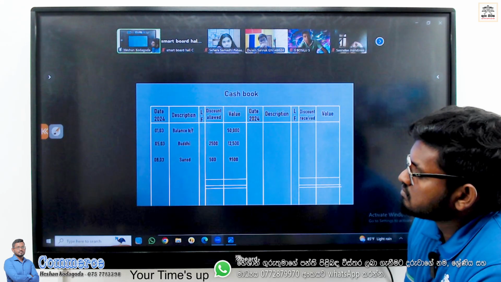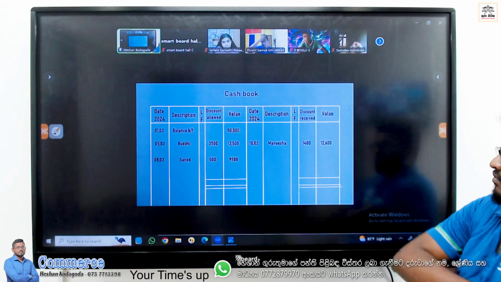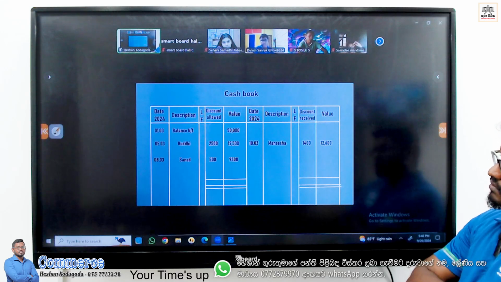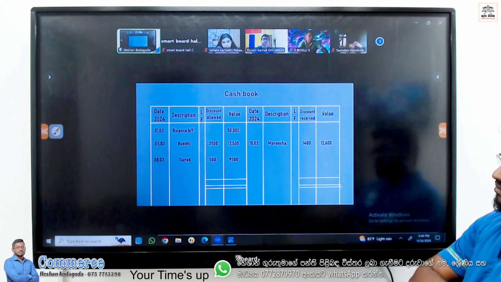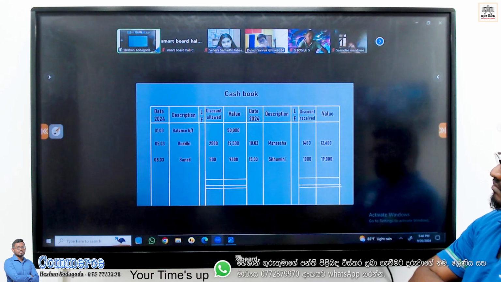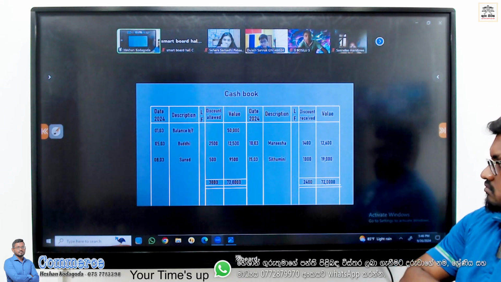Sanod cash book debit, Sanod account credit. Cash book credit, Manisha's account debit. Situmini's account debit, cash book credit.